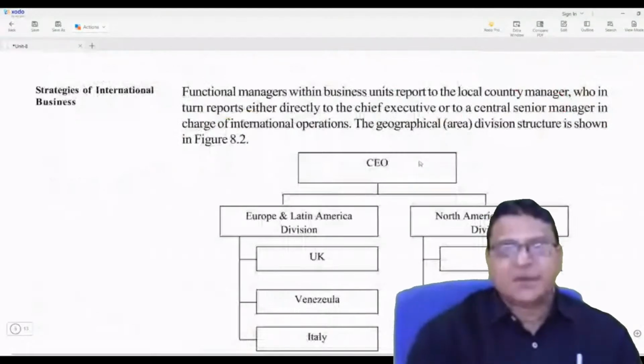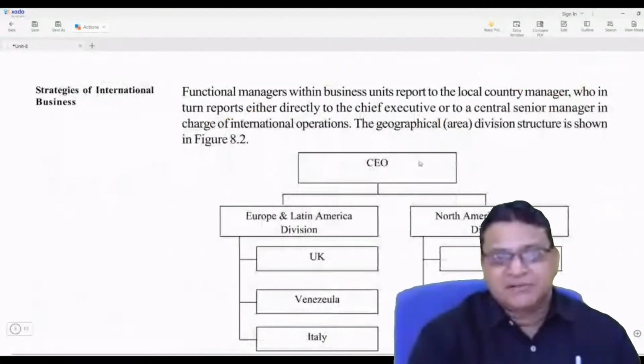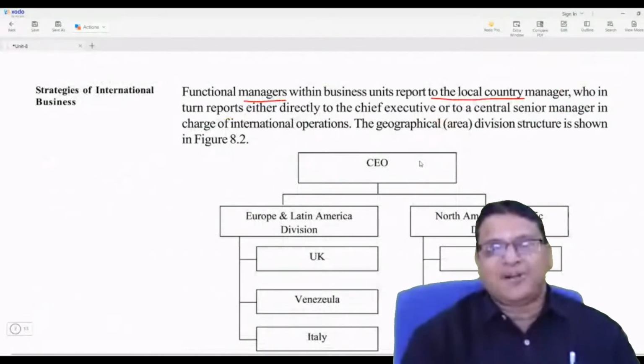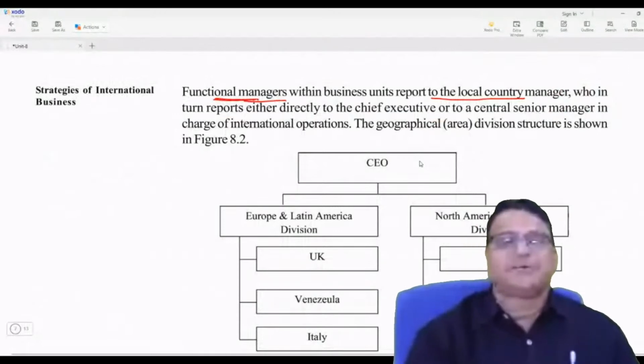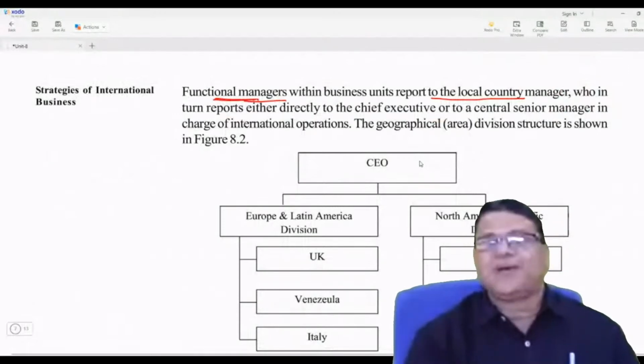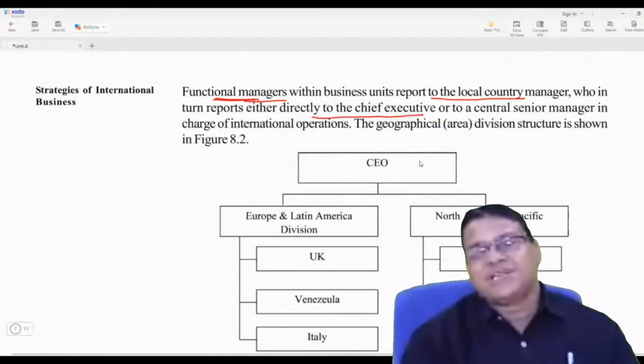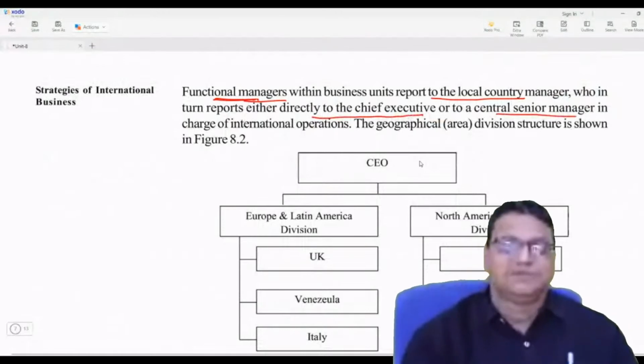In this case, the functional managers report to the local country manager. Functional managers do not report directly to the chief executive. They report to the local country manager. The local country manager directly reports to the CEO or a central senior manager position.